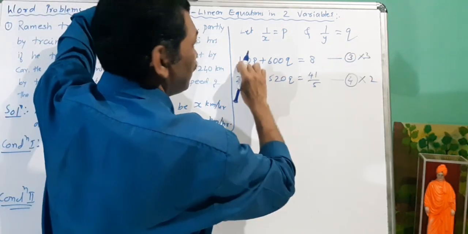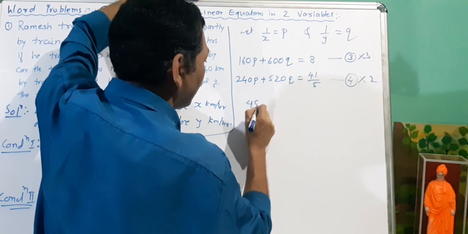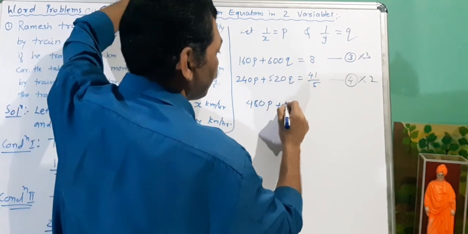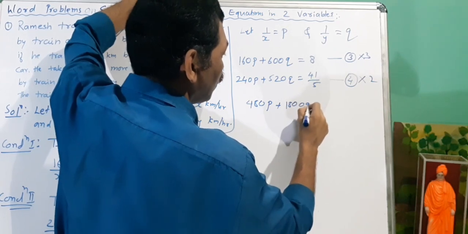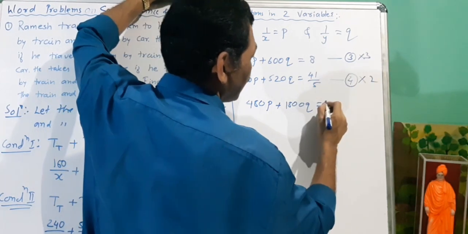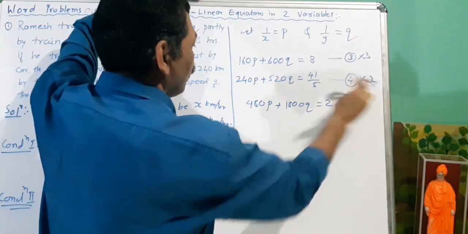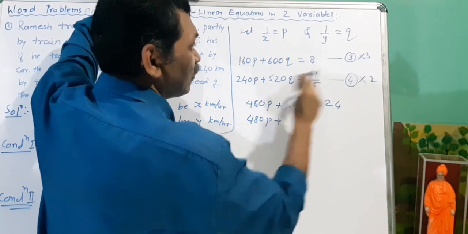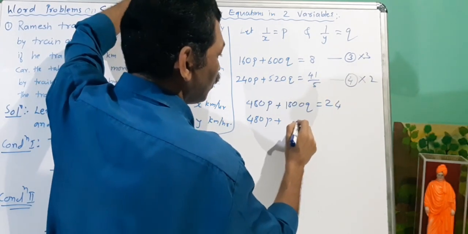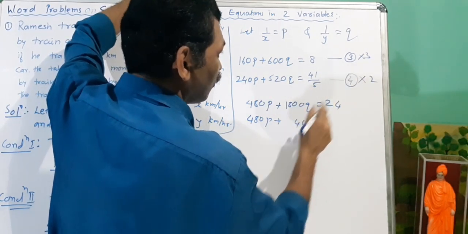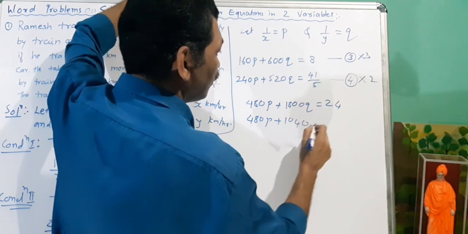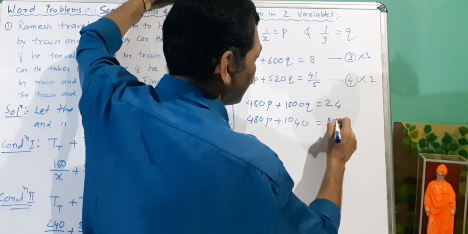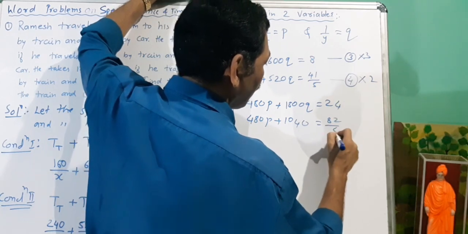So 160 times 3 is 480, so 480p plus 600 times 3 is 1800q is equal to 8 times 3 is 24, and 240 into 2 is 480p plus 520 into 2 is 1040q is equal to 41 into 2 is 82 upon 5.